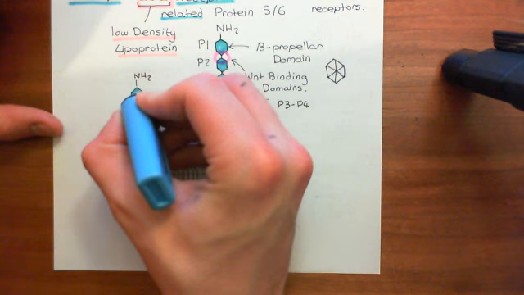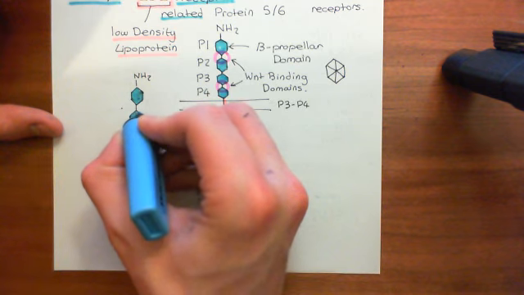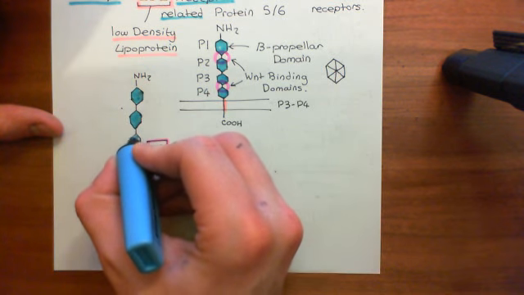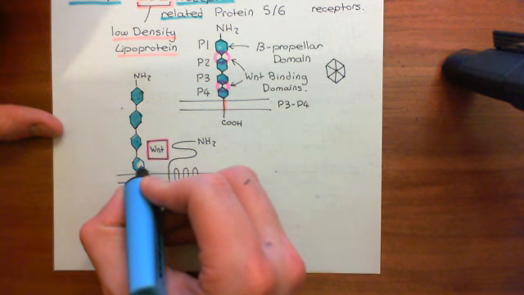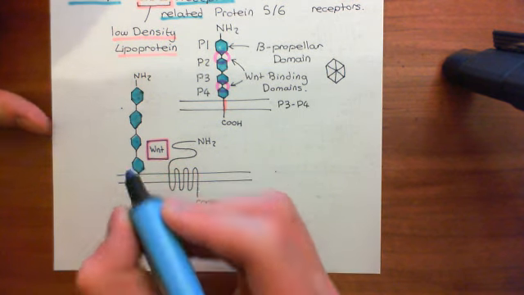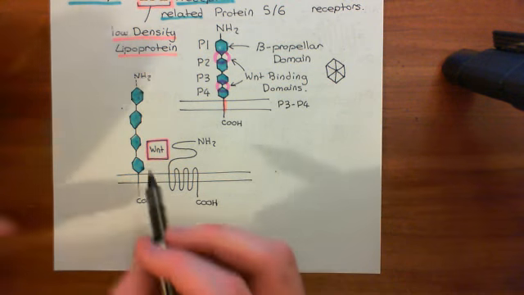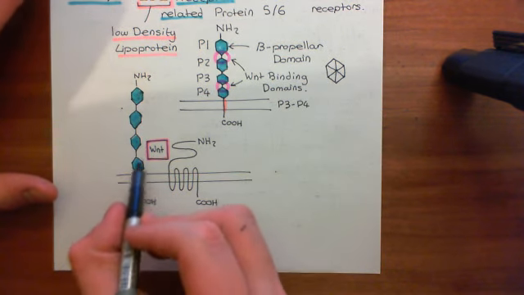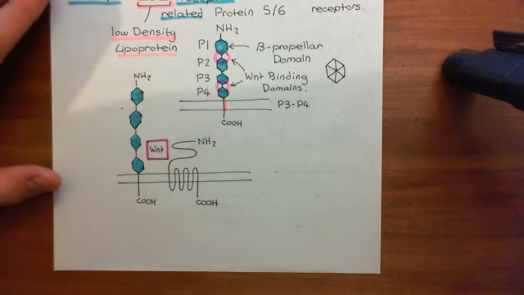Okay, so let's now colour in these beta propellers in blue here, so that we've got nice parallels between our 2 drawings. Okay, so this Wnt molecule is specifically binding to both the P3 and the P4 beta propellers, and that linker between those 2 beta propellers.